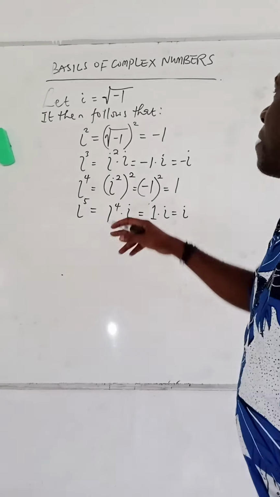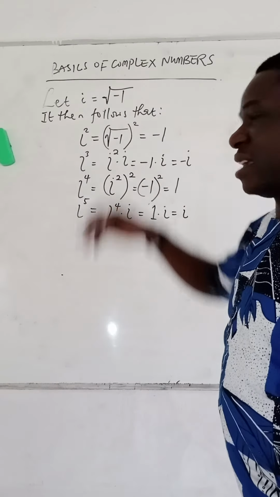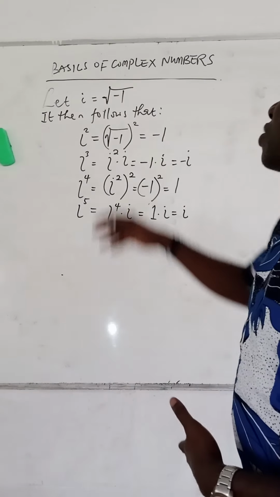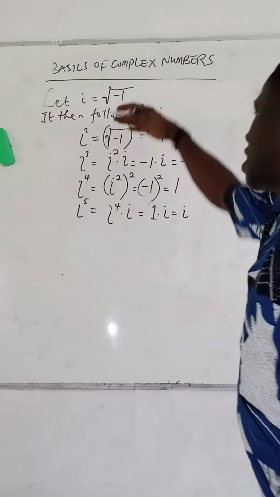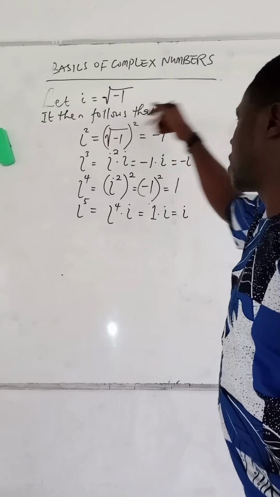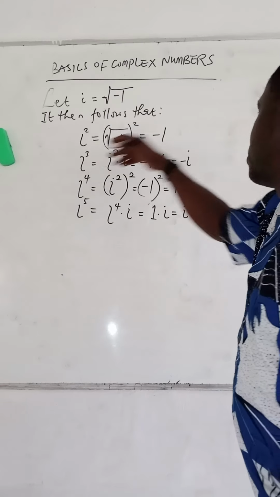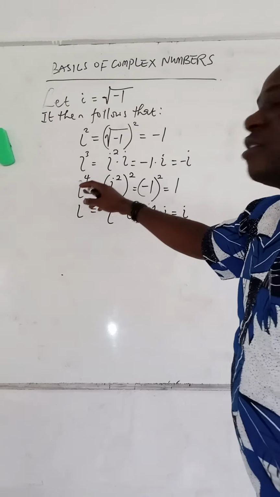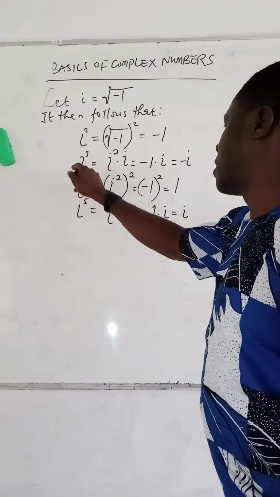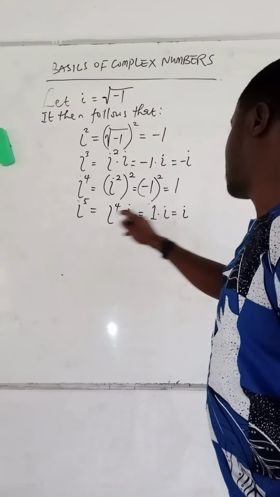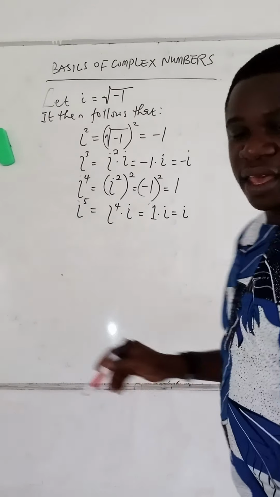For instance, if i equals the square root of minus 1, then i squared equals minus 1, i cubed equals minus i, i raised to 4 equals 1, and i raised to 5 equals i.